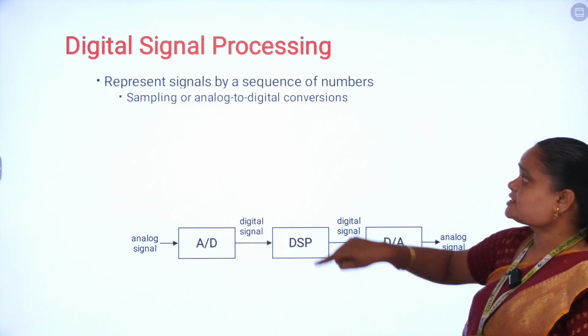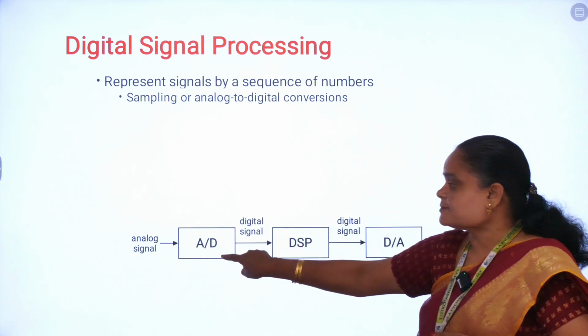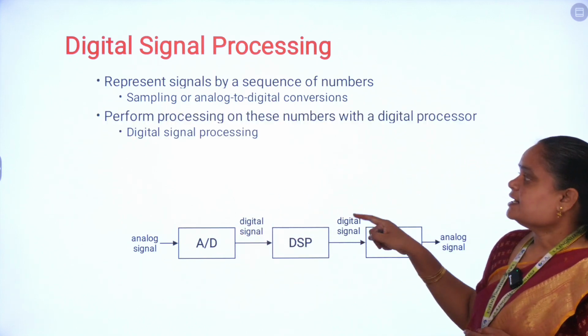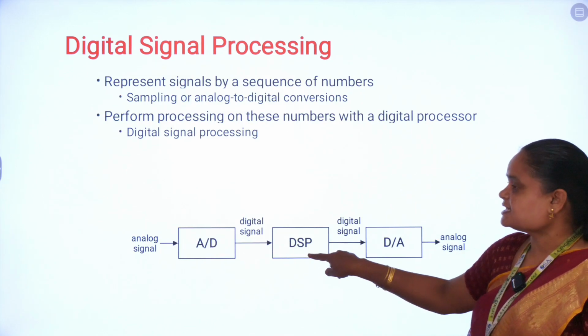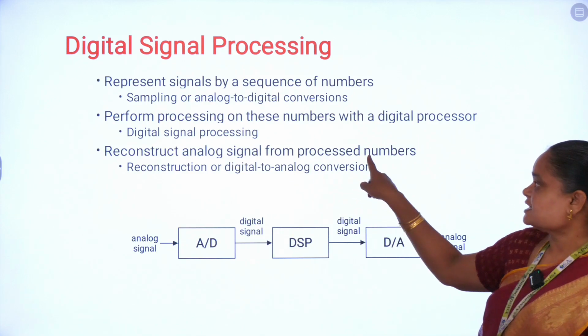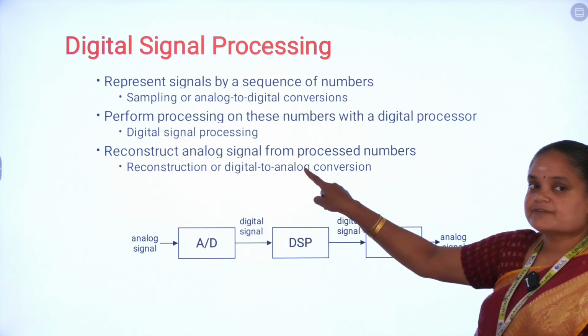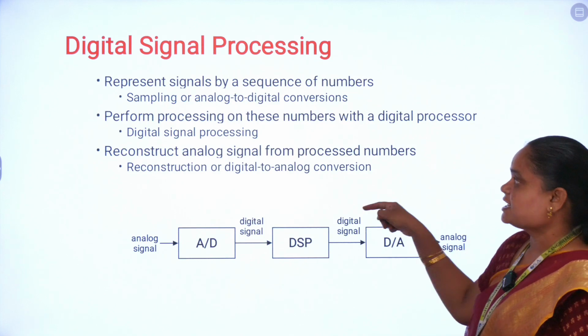Represent signals by a sequence of numbers: sampling or analog to digital conversion. This comes under the A to D part. And then we perform processing on these numbers with a digital processor, that is a DSP, digital signal processor. And then reconstruct the analog signal from processed numbers. Reconstruction, or digital to analog conversion, that is D to A, gives an output as an analog signal.